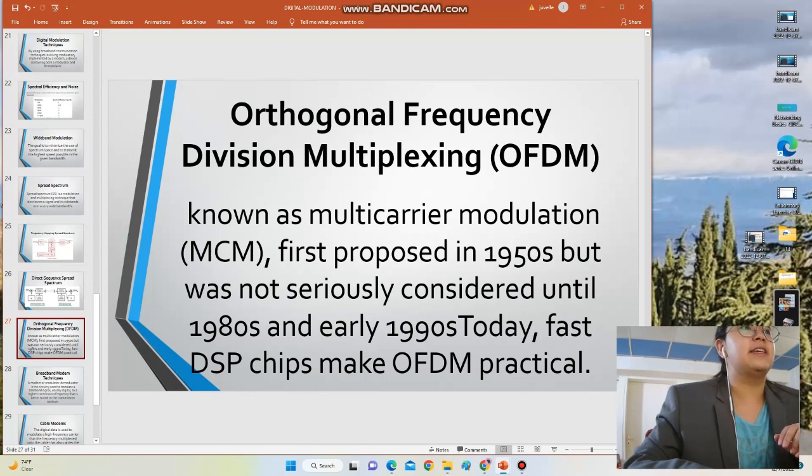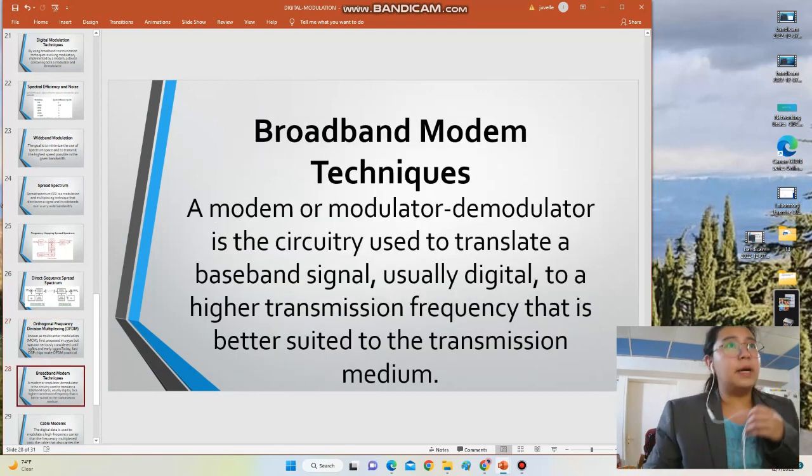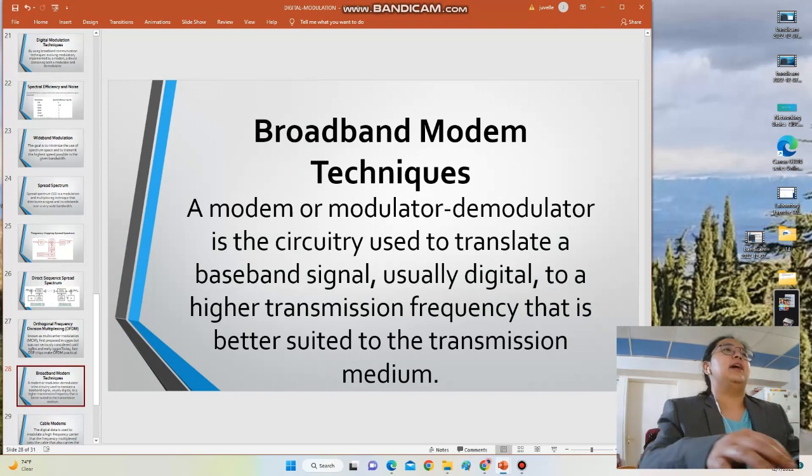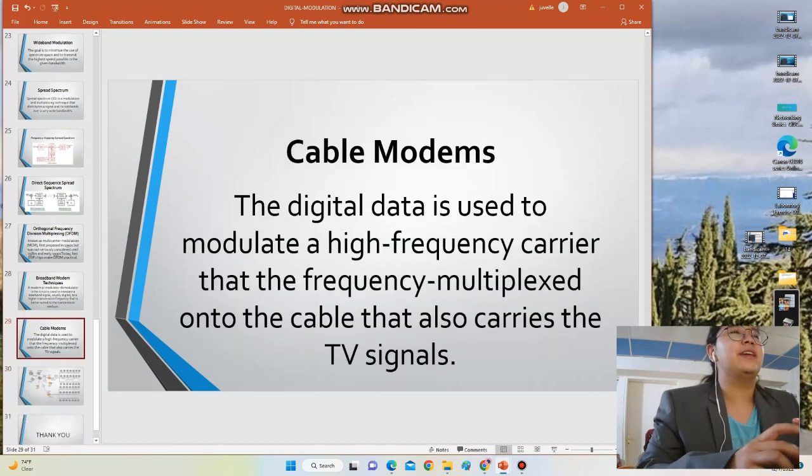Today fast DSP chips make OFDM practical. So broadband modem techniques. A modem, or modulator demodulator, is a circuitry used to translate a baseband signal, usually digital, to a higher transmission frequency that is better suited to the transmission medium.